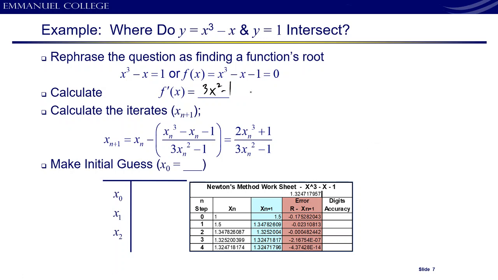If I plug in 1, I'm just going to get 1 minus 1 minus 1, which is just -1. And if I check f prime of 1, I'm going to get 2.